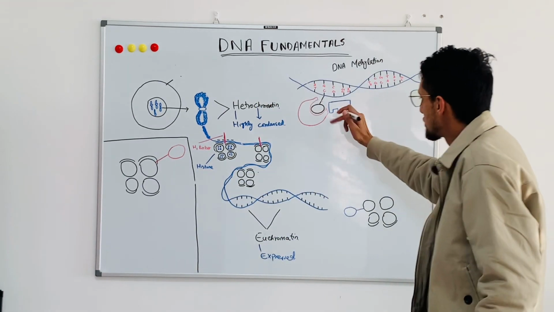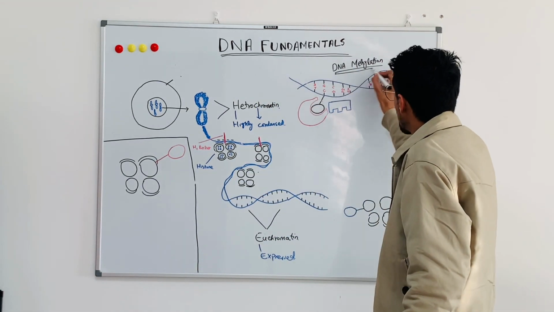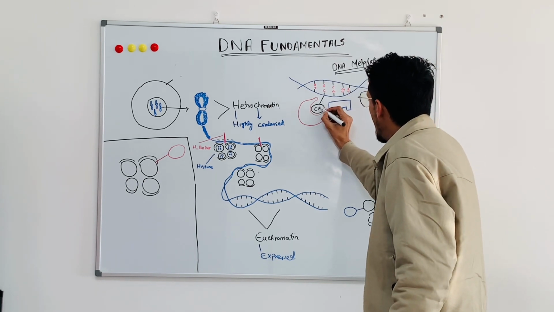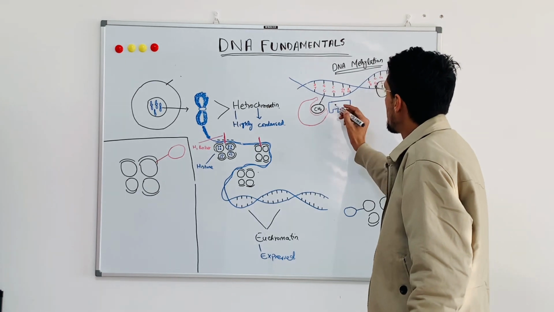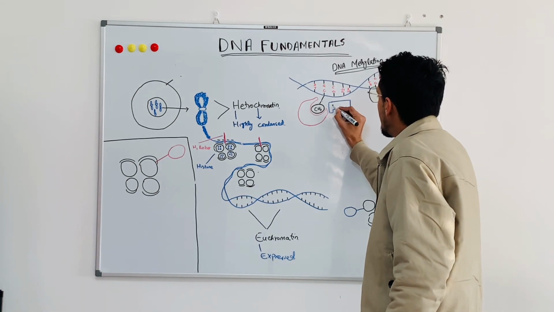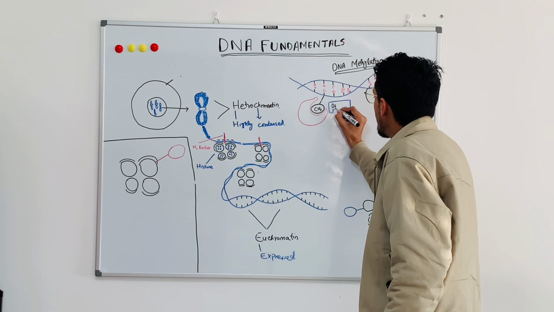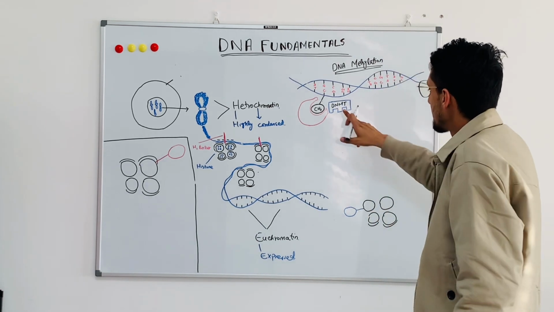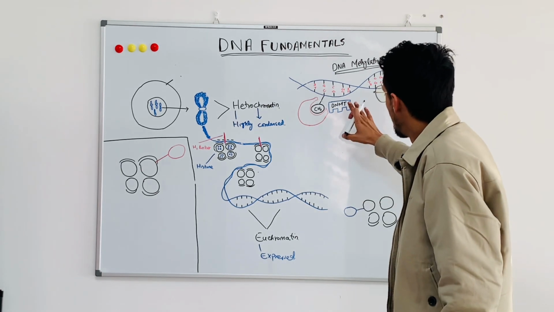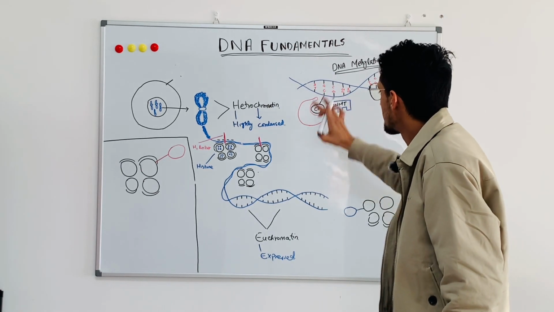So what happens in DNA methylation is that a methyl group is added to the cytosine. The methyl group is added to cytosine with the help of a protein named DNA methyltransferase, right? There are certain types of DNA methyltransferases that attach the methyl group to the cytosine.